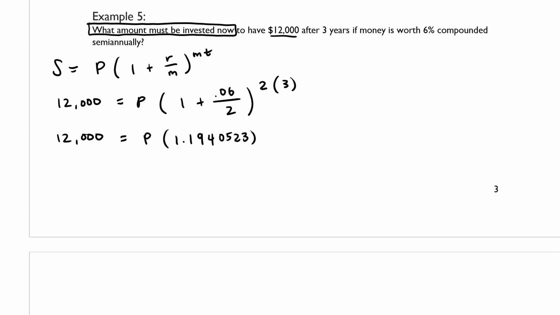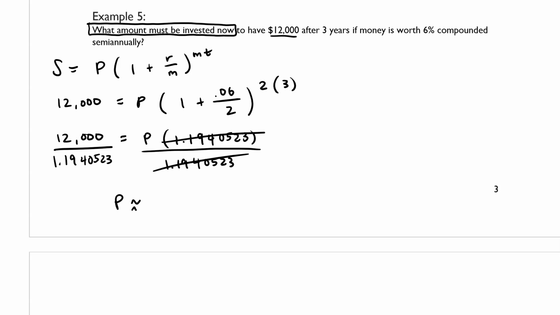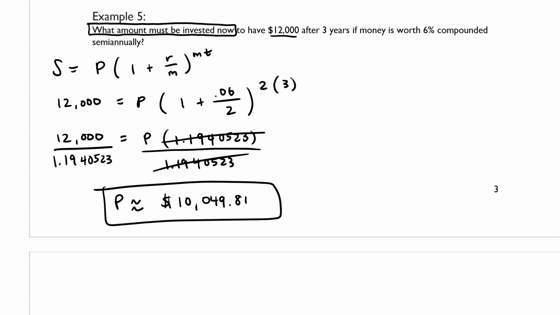I went ahead and plugged that in, and then I'm going to divide both sides by that number to get P by itself. And so those will divide out, and P is approximately $10,049.81. So that must be invested now under those conditions in order to get $12,000 eventually.